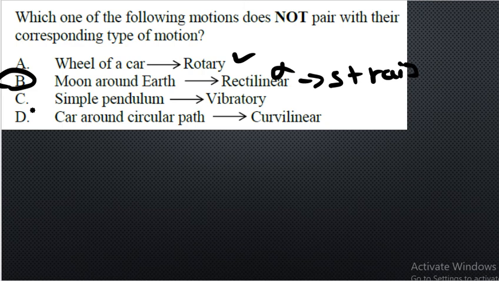B. C, simple pendulum, it is vibratory, like a kind of harmonic motion. So simple pendulum is simple harmonic motion, and car around circular path is curvilinear motion. Yeah, this is also true. So the answer will be B.